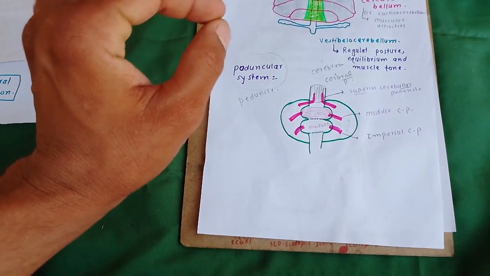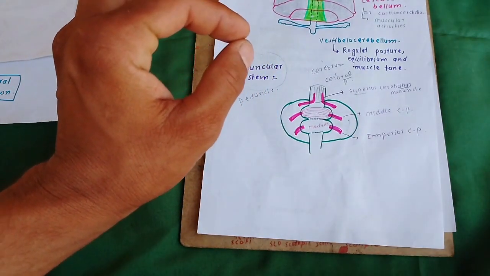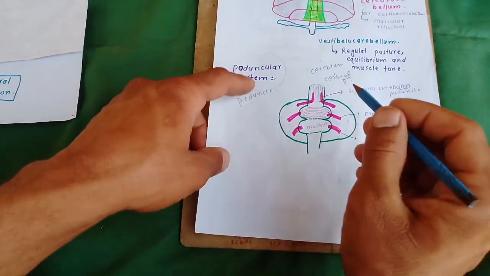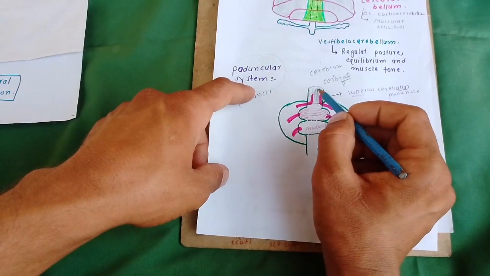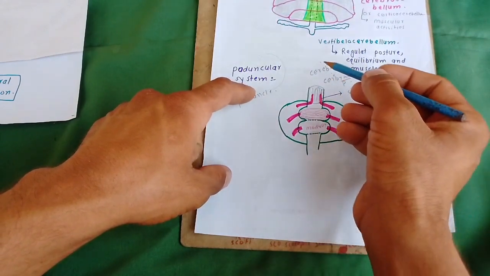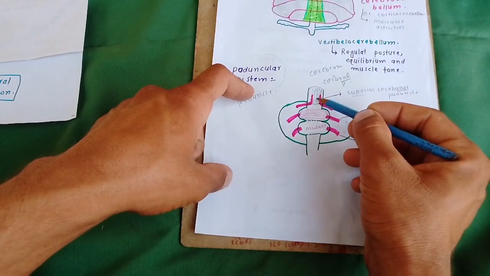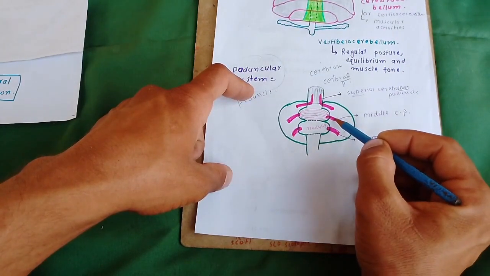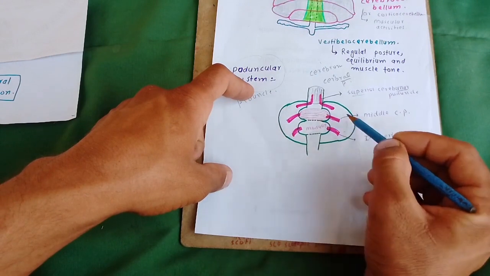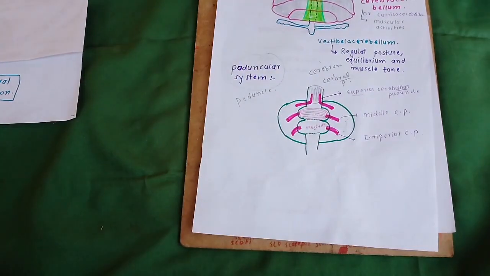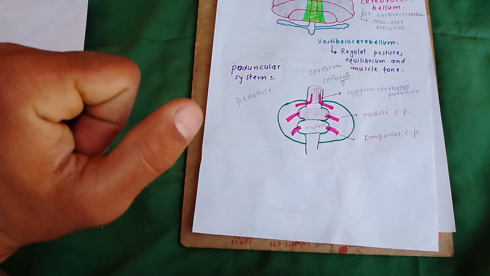So a peduncle is a huge mass of many fibers combined together. This is the peduncular system.